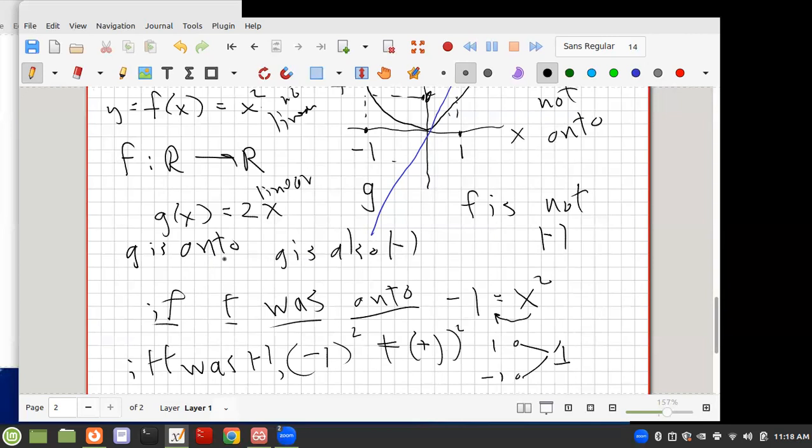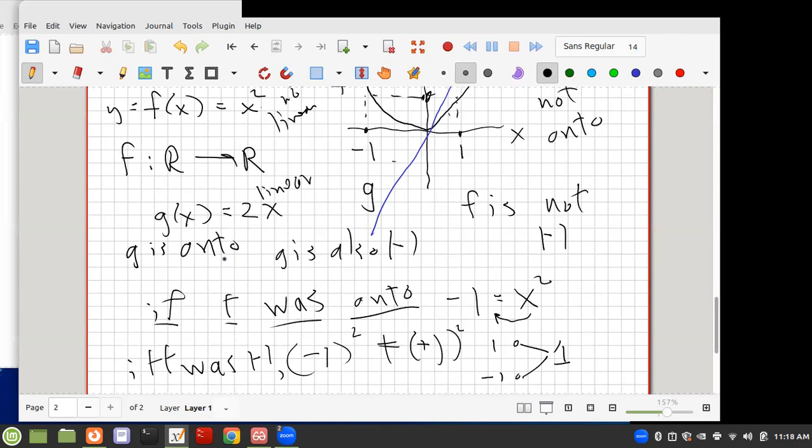Anyway, go ahead. So by that logic, would that mean that any function that was squared can't be 1 to 1? Yeah.